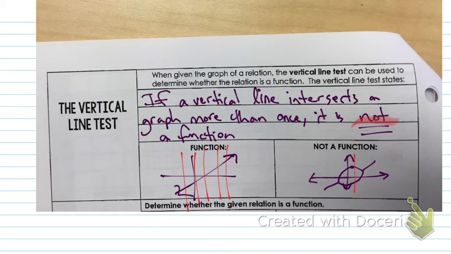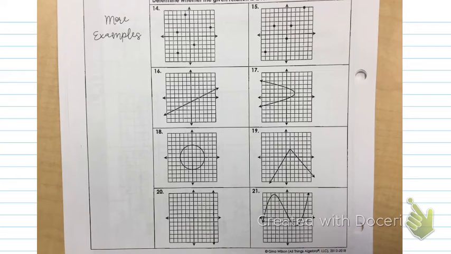No, so that is a function. Function, not a function. And the reason that vertical line test works, I'll show you in the next examples. Yeah, Jack.